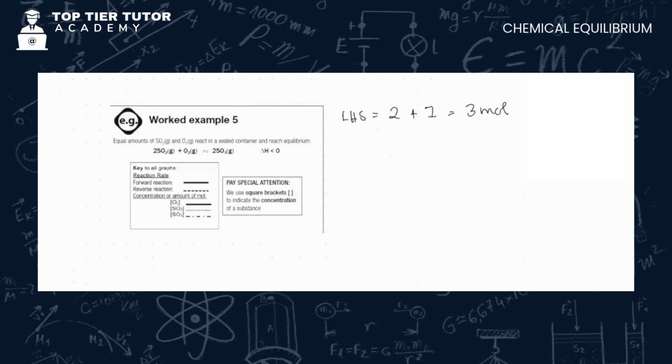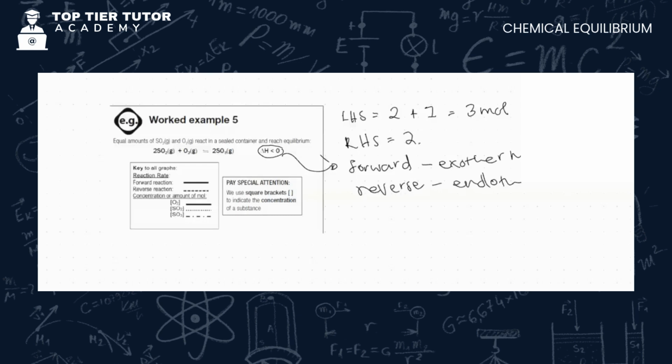And on the right-hand side, we only have 2. Now, here our change in enthalpy is negative, implying that the forward reaction is exothermic. Therefore, the reverse reaction would be endothermic. This is a homogeneous reaction, so all of the species are in the same phase.